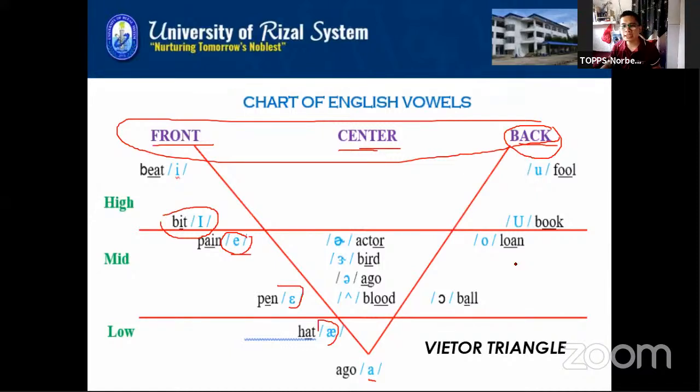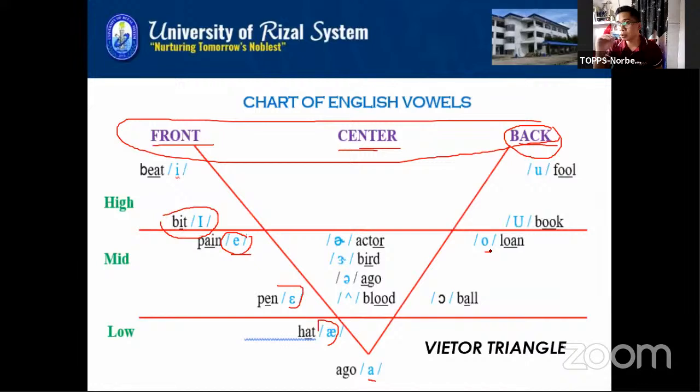So the next ones are the sound of O and the sound of O. This sound is produced when the tongue moves backward.